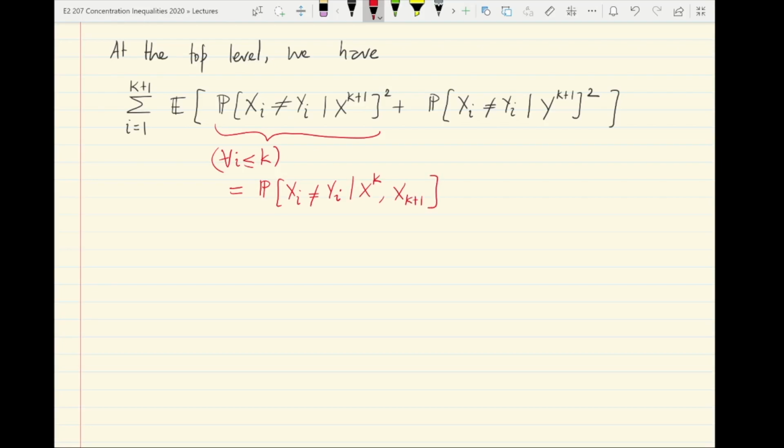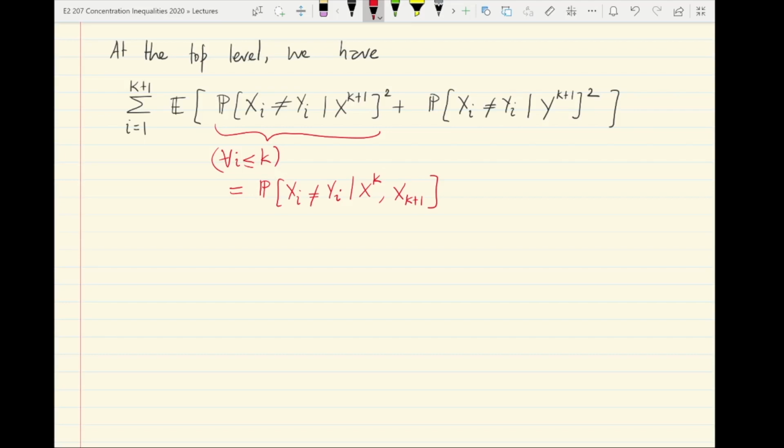This is by definition everything up to k and then the k plus first element. But by our coupling construction, it doesn't matter whether k plus 1 is there or not, because xk plus 1 is really independently generated of xk, yk. Xk plus 1 just follows its own distribution pk plus 1.